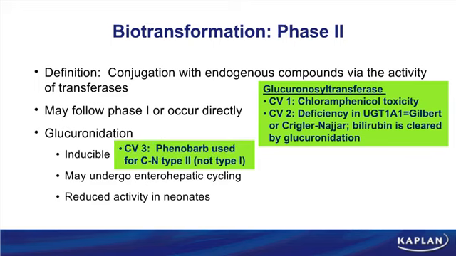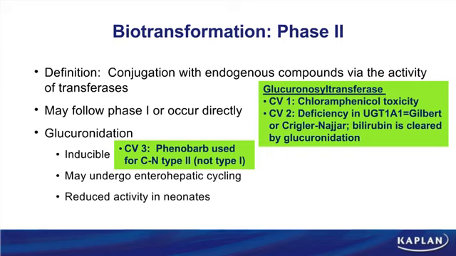The third clinical vignette is a way to distinguish Crigler-Najjar type 1 from type 2. We can actually use the drug phenobarbital for this purpose. Phenobarbital can be used because not only is it an inducer of P450 enzymes, it's also an inducer of glucuronidation. Phenobarbital can increase the levels of glucuronidyltransferase.